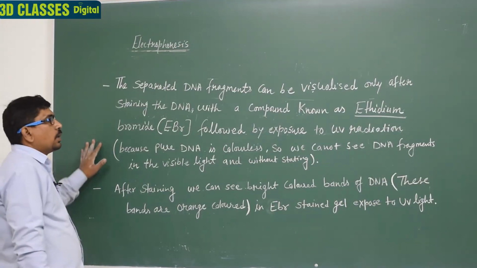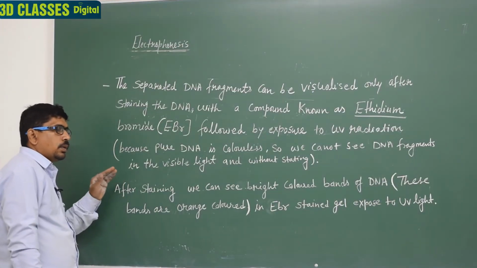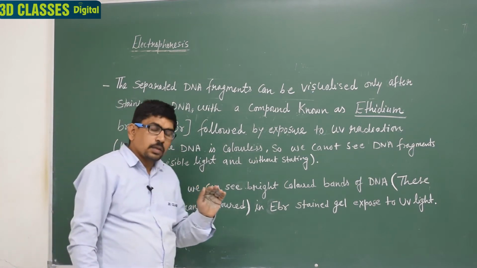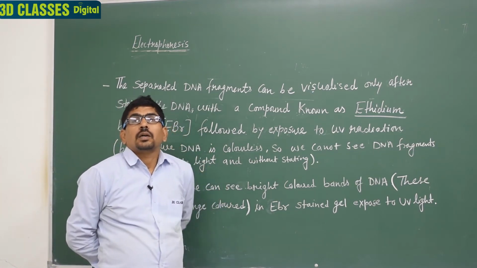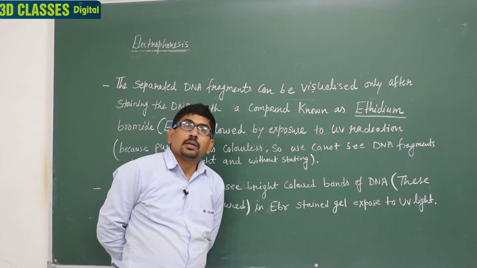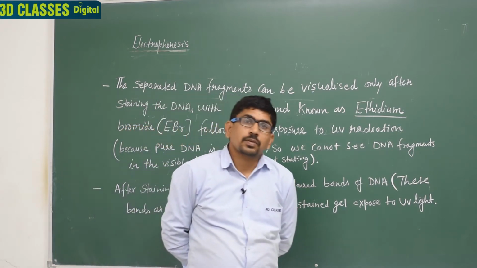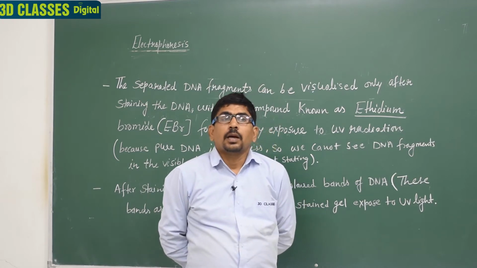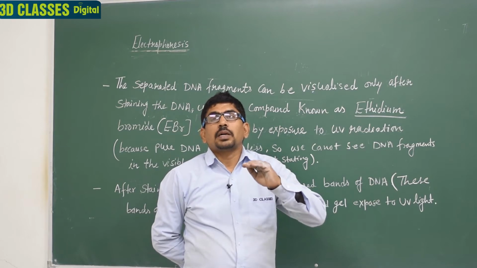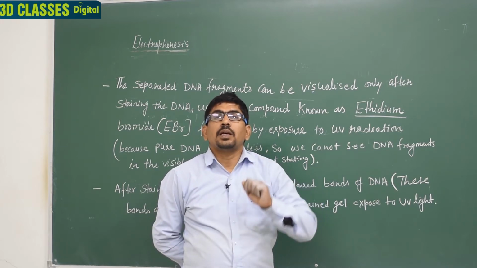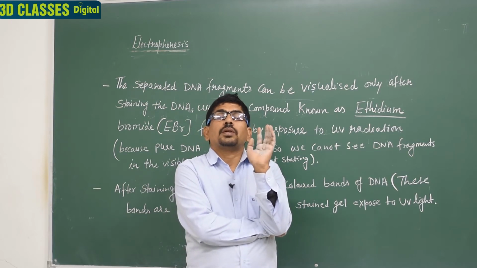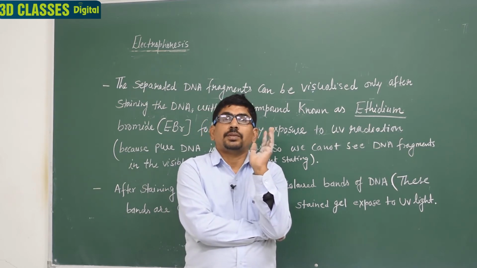So students, the electric field and the sieving effect are required for the separation of the DNA fragments in gel electrophoresis. Clear? When these fragments are separated in the gel, the separation process is complete.